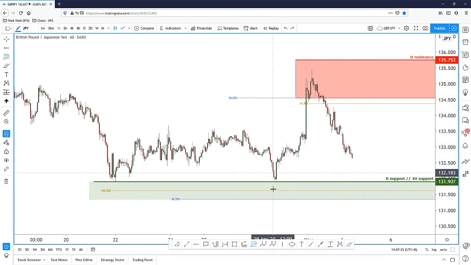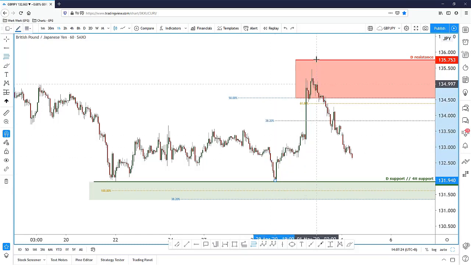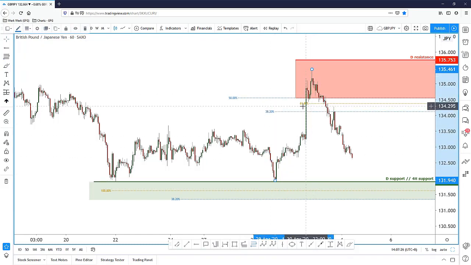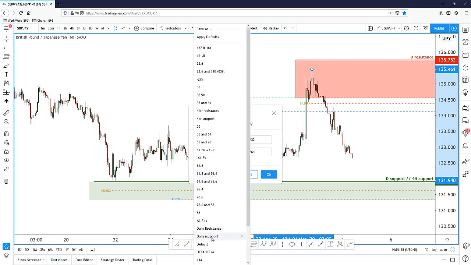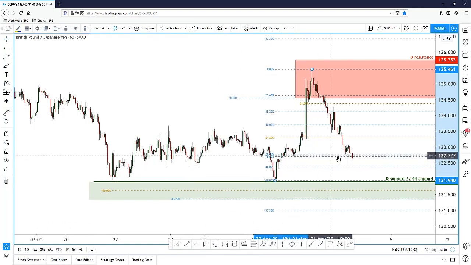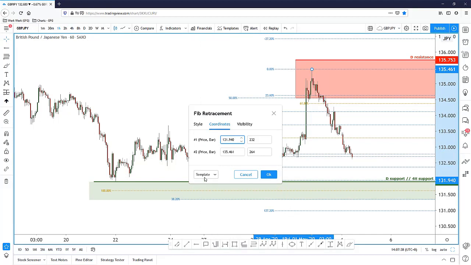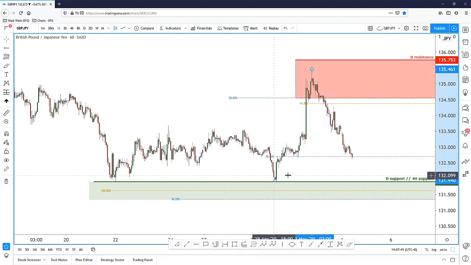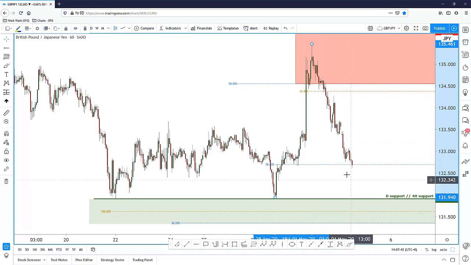So we take a retracement from the swing low here all the way to the swing high. And let's open up all Fibonacci ratios. And we see that price is currently testing the 78.6 level, right? If I were to highlight the 78.6, price is currently testing it right now.